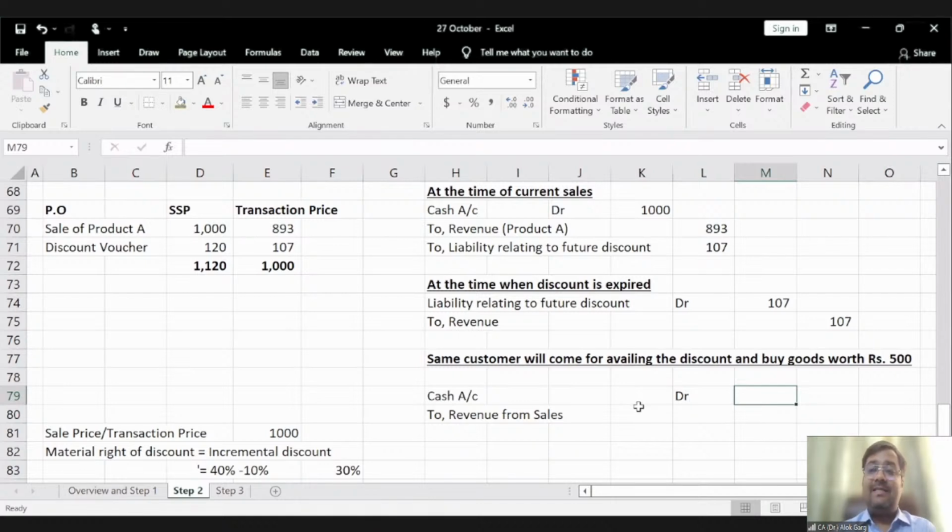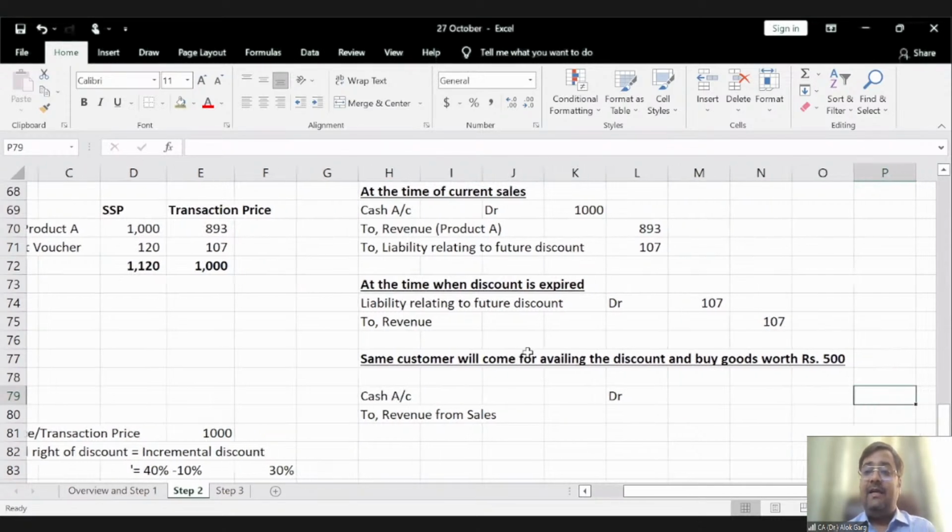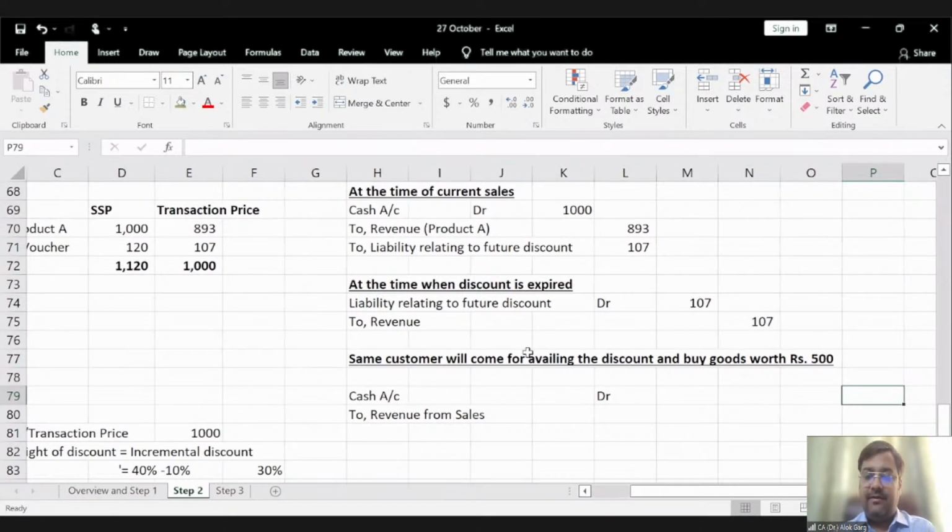The customer has come for goods worth rupees 500, but he will not pay 500. How much money will he pay? He will receive a discount of 30%, an additional discount of 30%, or let's say an additional discount of 40%. So the customer is buying goods worth rupees 500.